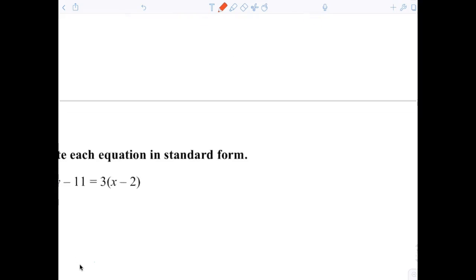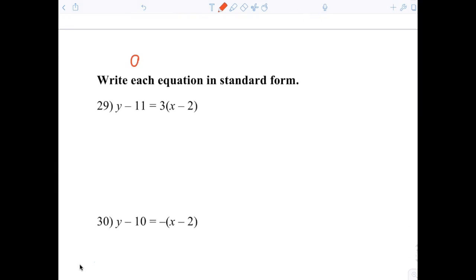Now we're writing in standard form, so make sure you're familiar: ax plus by equals c. For 29, I have y minus 11 equals 3x minus 6, right? Now I need the x and y together. Do I want to move the x or the y?